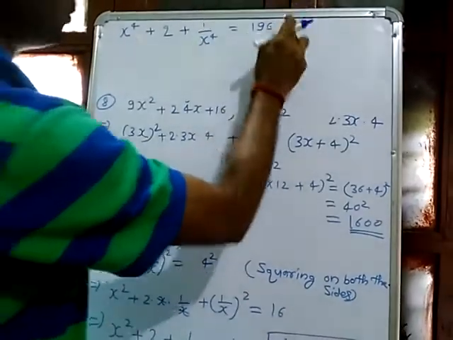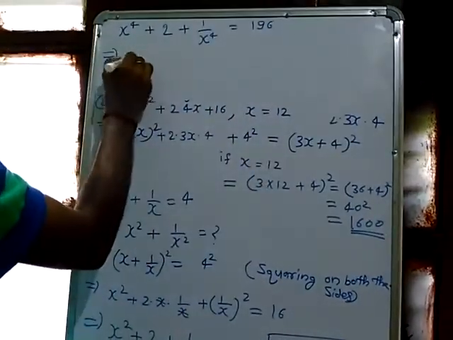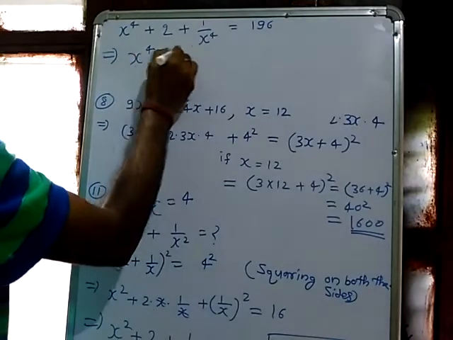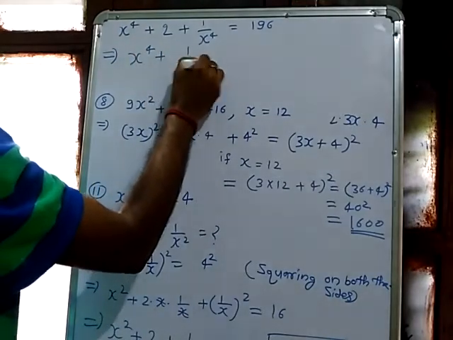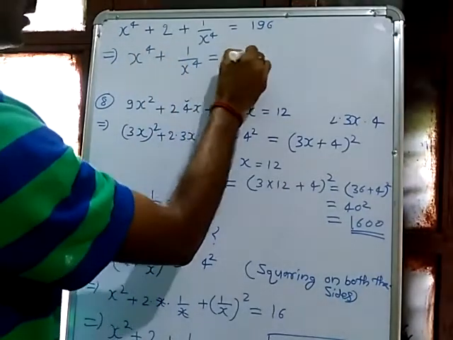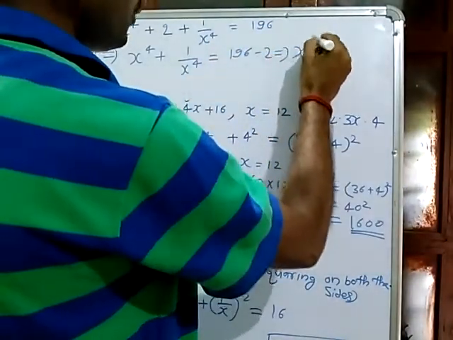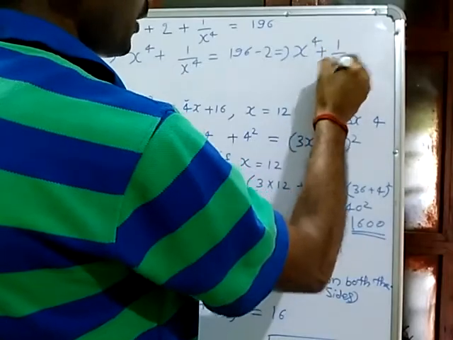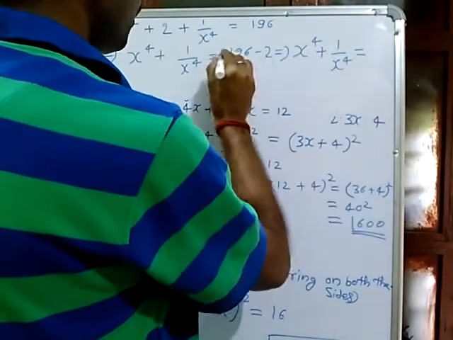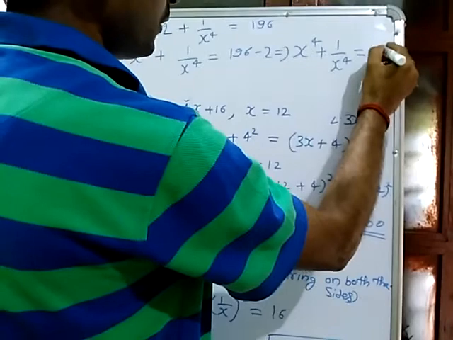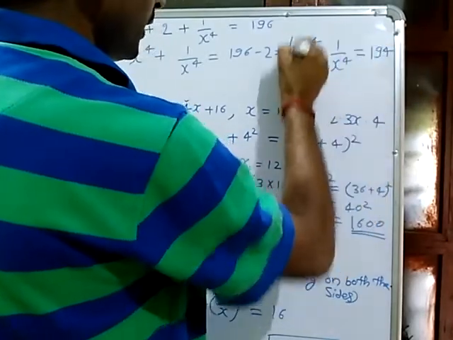Now this 2 will be transposed to the other side, so you will get x to the power 4 plus 1 upon x to the power 4 is equal to 196 minus 2, correct, therefore x to the power 4 plus 1 upon x to the power 4 is equal to 196 minus 2, that is 194. Look, this is the answer.